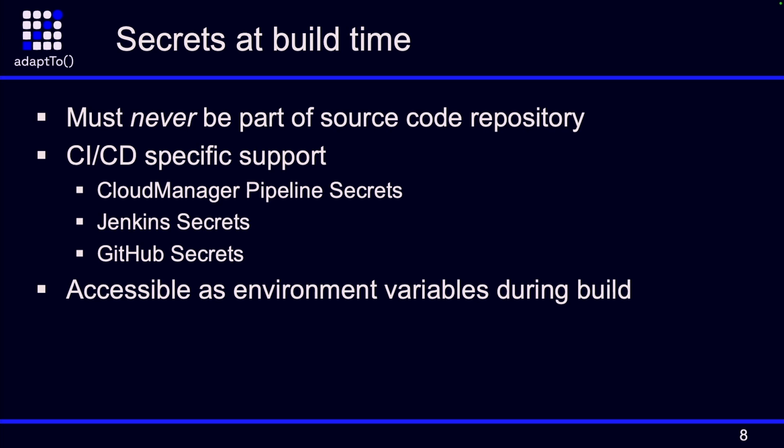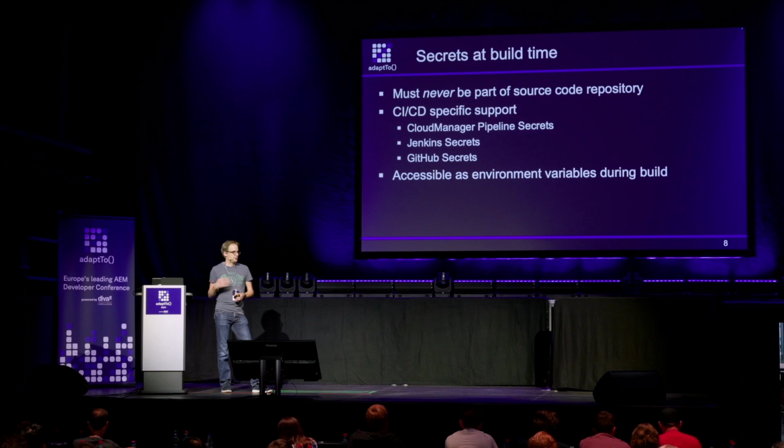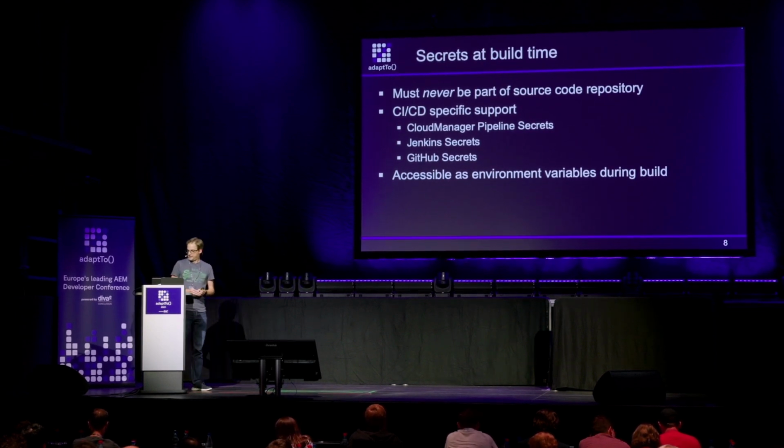I mean, GitHub has something included. Cloud Manager comes with the pipeline secrets, and Jenkins has something similar as well. All have in common that they expose the secrets as environment variables during the build. So you can access that easily from within Maven, for example.